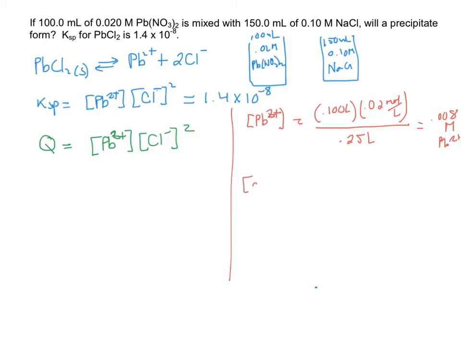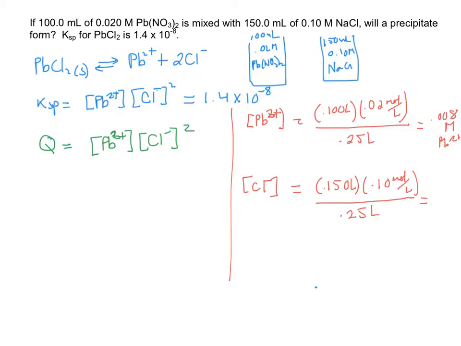Let's do the Cl- in the same way. So I have 150 mL, so that's 0.15 liters. It's 10th molar, so 0.10 moles per liter. Multiply those together, you get moles, and then divide by the total volume, 0.25 liters.